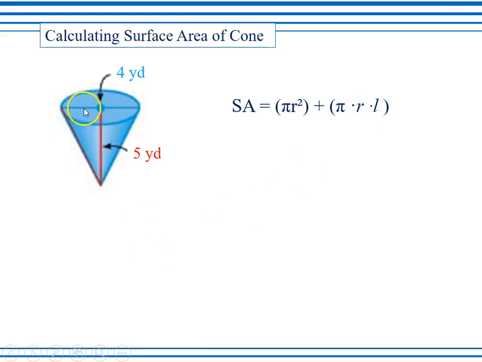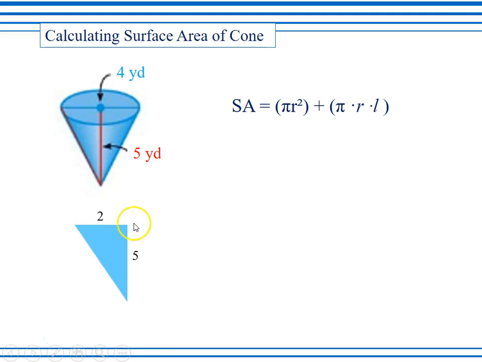So if you look at this right triangle, you'll see that we can use the Pythagorean theorem to figure this out. We know that the height is 5. We know that the radius is 2. So if we do 2 squared plus 5 squared, we'll get the slant height squared.